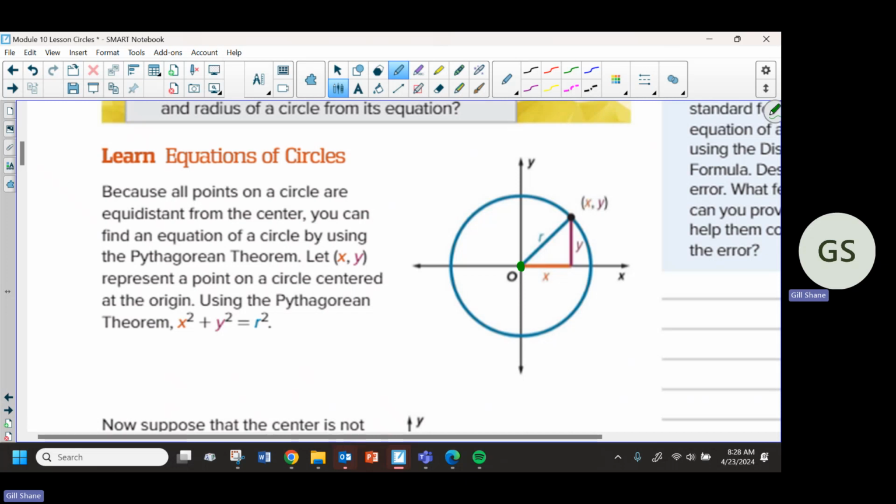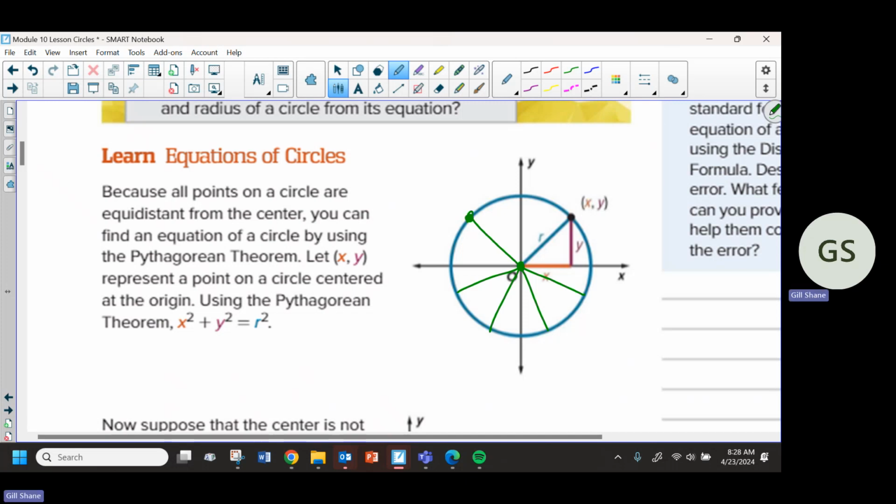No matter where we're at on a circle, that's the radius, and it's the same length as that radius over there. Every radius is the same length because every point on the circle is the same distance from the center. That's what a circle is.